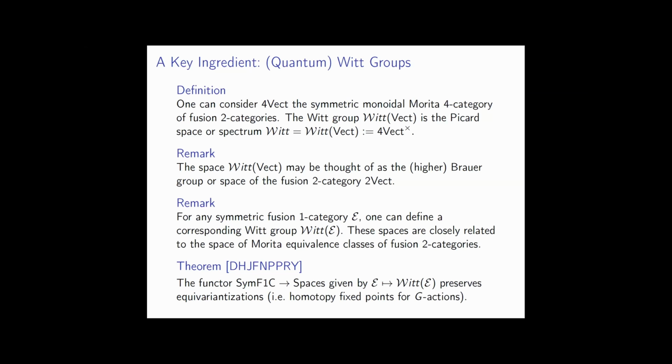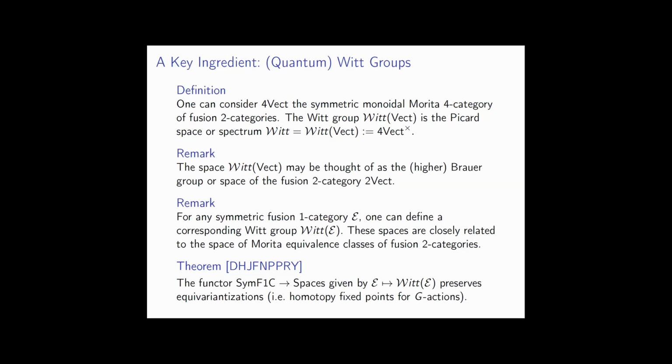First of all, this construction actually defines a functor from the 2-category of symmetric fusion 1-categories and symmetric monoidal functors into the infinity category of spaces, where you send the symmetric fusion 1-category E to this space Witt of E. And then what is really interesting is that this functor preserves equivariantization, or really, for the homotopy theorists, it preserves homotopy fixed points for actions by finite groups.